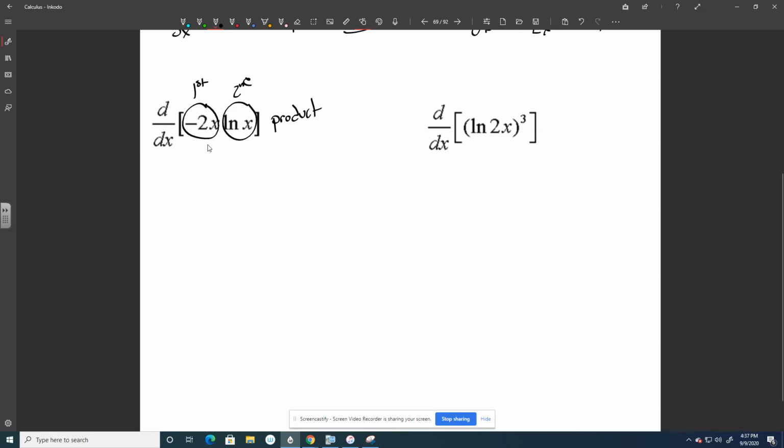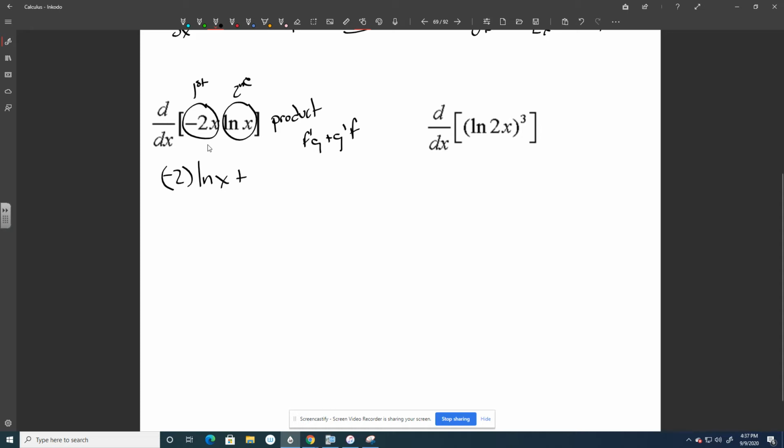The derivative of the first, or if you're a f prime g plus g prime f person, I should be careful how I say that. The derivative of the first, negative 2x, is just negative 2. We just keep ln of x the way that it is.